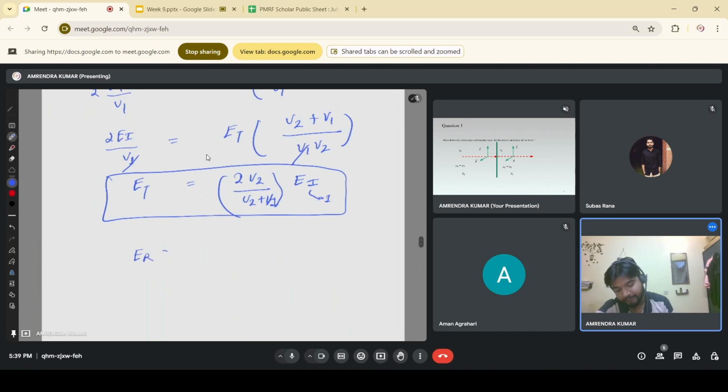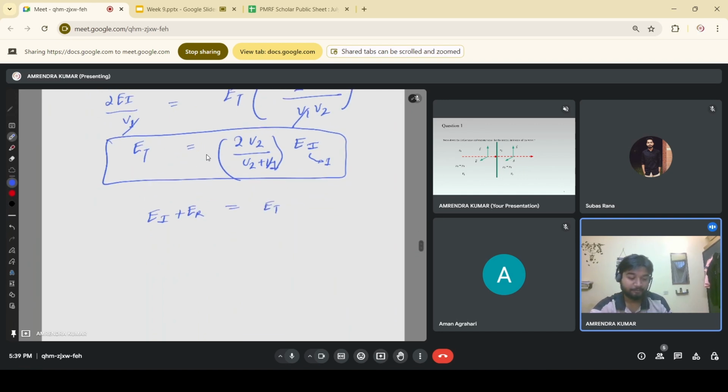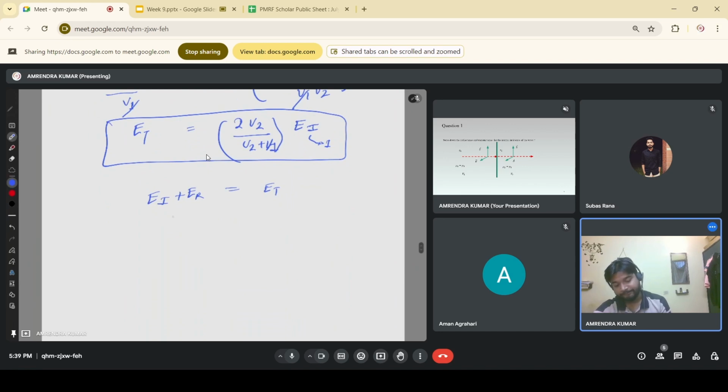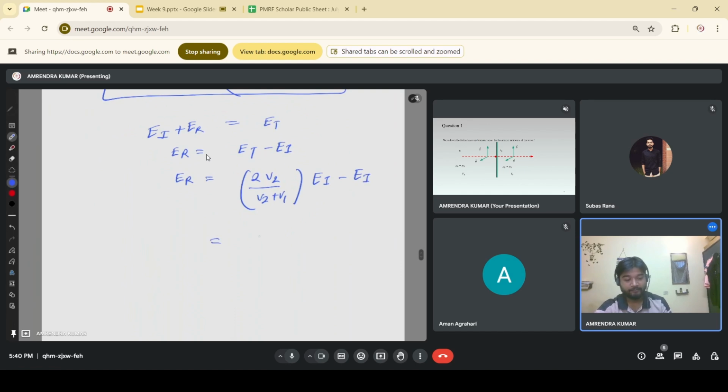So ER: since EI plus ER is equal to ET, we have ER is equal to ET minus EI. That means ER will be twice V2 over V2 plus V1 times EI, minus EI. If you take EI common, you have 2V2 minus V2 minus V1 over V2 plus V1, times EI.